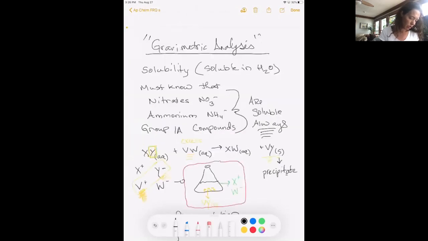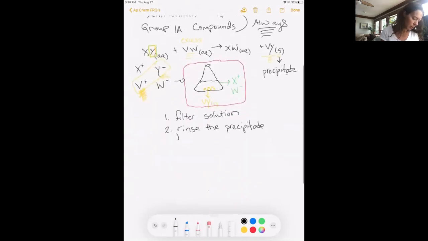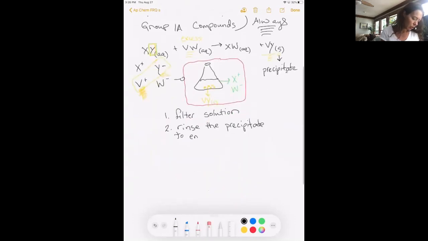to ensure, oh my goodness, what happened there? To ensure that it's pure and essentially to wash off any remaining ions.